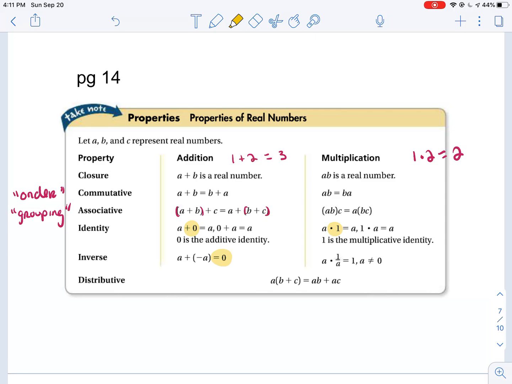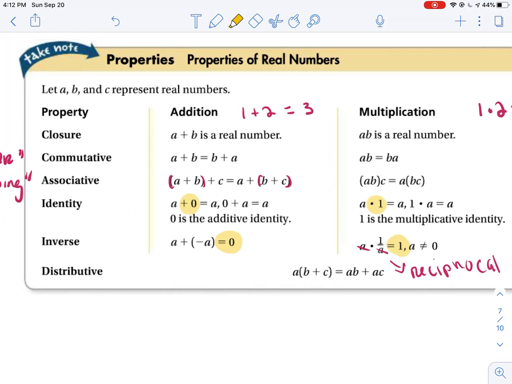And the same thing with multiplication. A times 1 over A, or the reciprocal, right, will cancel out to give us that identity value of 1. Okay, you know you have an inverse if the answer ends up being equal to the identity value.